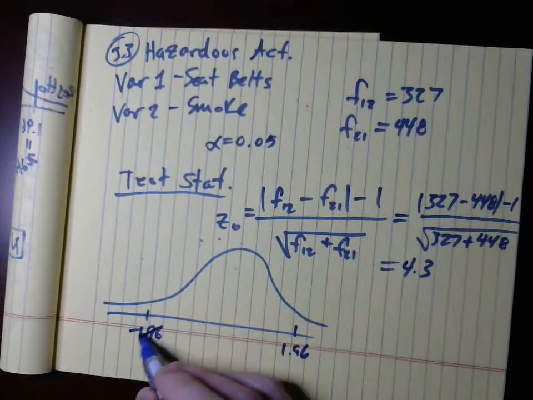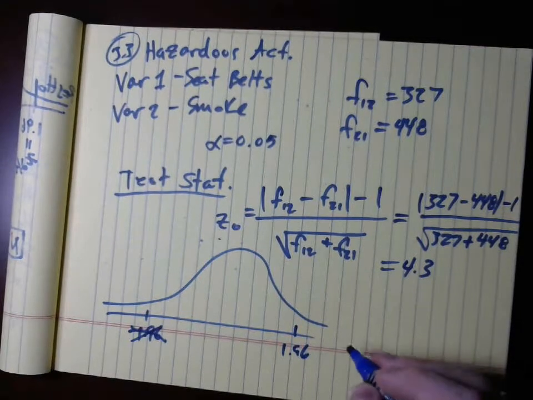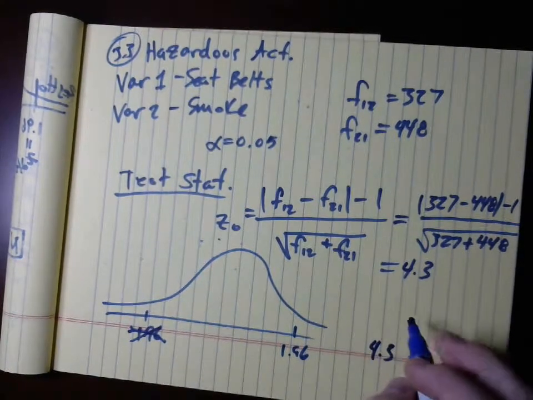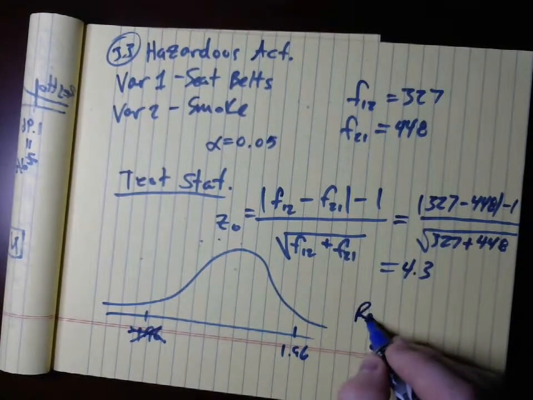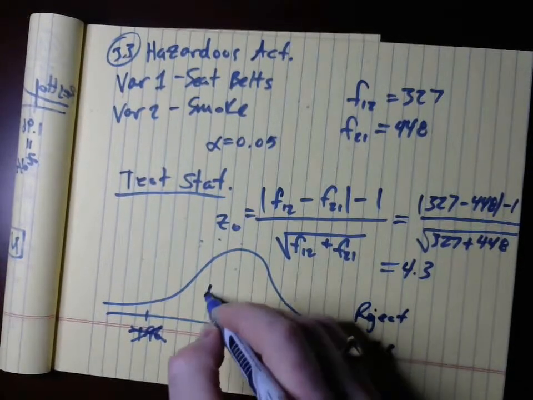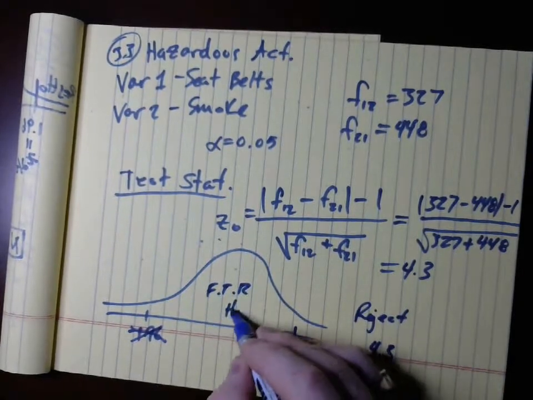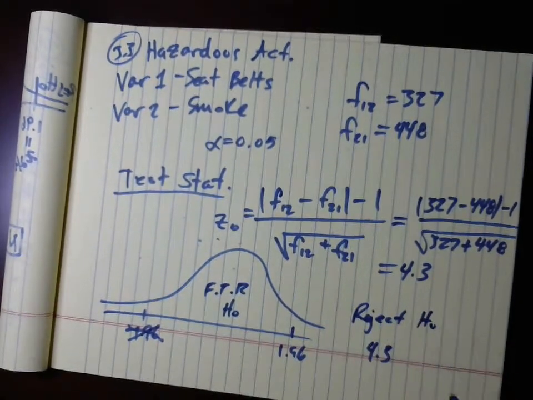As I mentioned, you probably won't have to worry about this because it's always going to be positive. As you can see, this one's positive, and we're out here at 4.3. And that is in the rejection region, same idea as the last test. And the fail to reject region is towards the middle.